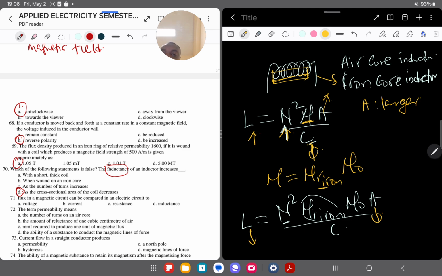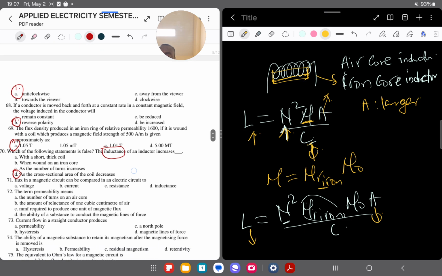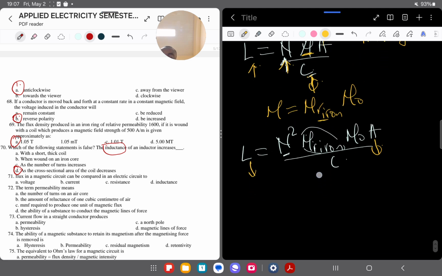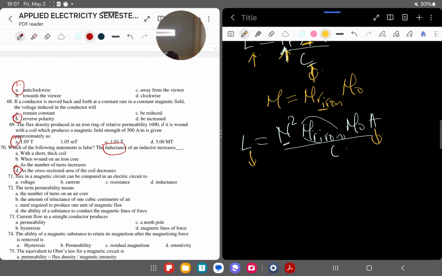Now question 17. Flux in a magnetic circuit can be compared with an electric circuit. Here we are looking at analogies. We know that current is proportional to the voltage supply, and flux is proportional to the magnetomotive force.